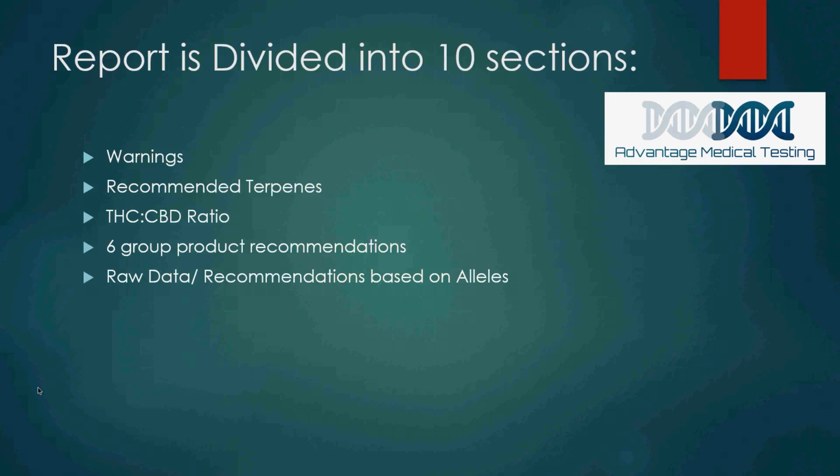Then in the next sections, there are the 6 groups we were discussing earlier. There are actual product recommendations by name brand and by strain. These are broken down by geographical area with the most up-to-date lab information that we have as far as the formularies for some of these products.